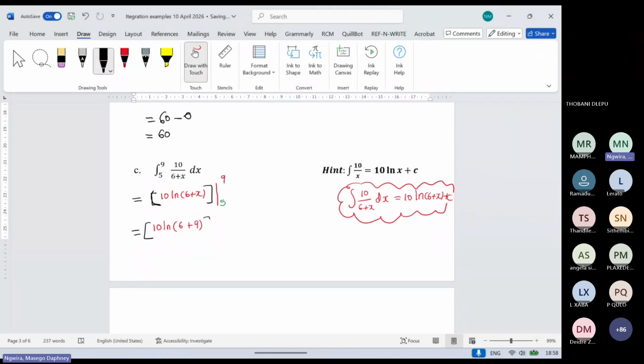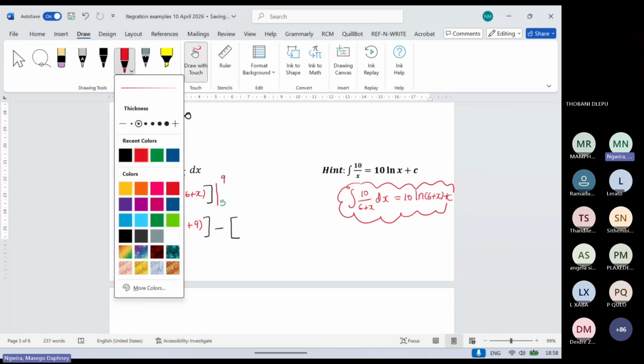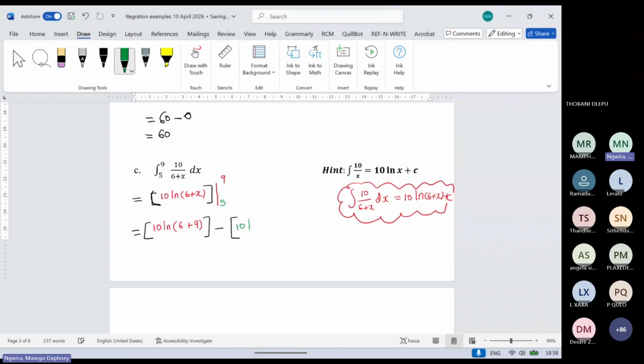And then this will be minus the green one, 10 ln of 6 plus 5. And then, yeah, that's it.